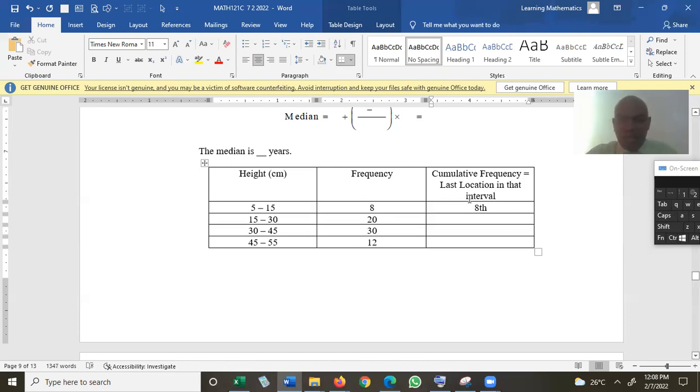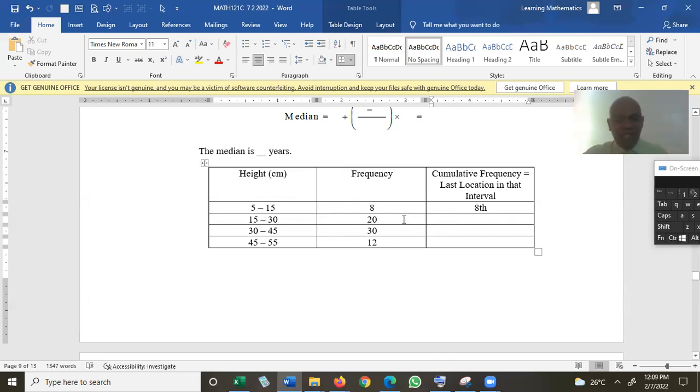What do I mean by that? This interval has 8 locations, there are 8 values within it. Some of them could be 10s, you have 7s, you have 12s, between 5 and 15, 8 of them. If you order them, you'll have the first, the second, the third, the fourth, the fifth, the sixth, the seventh, and the 8th. That 8th is the last location in that interval.